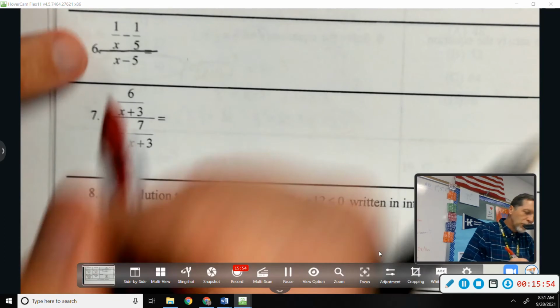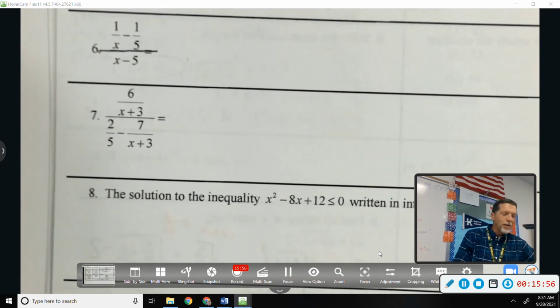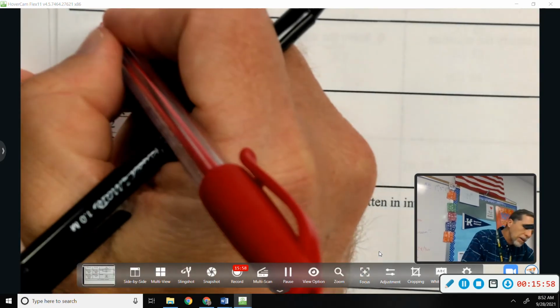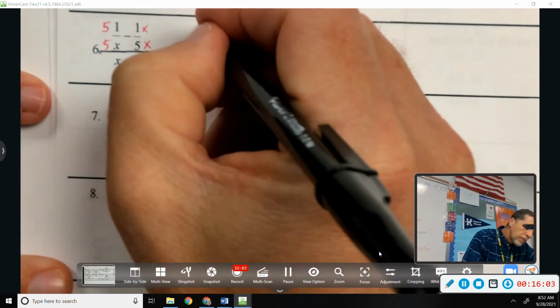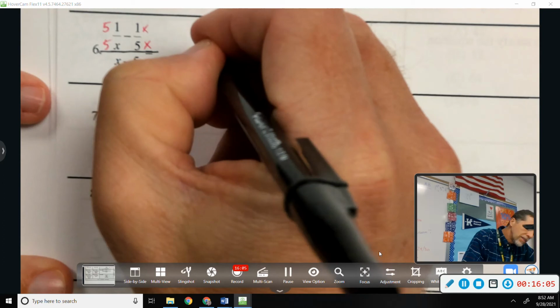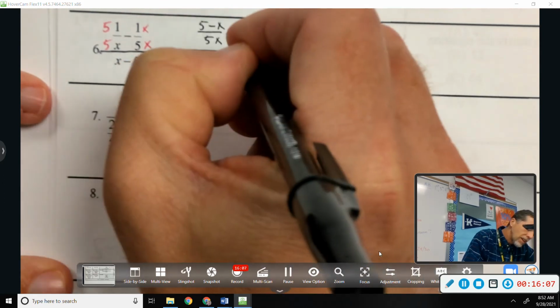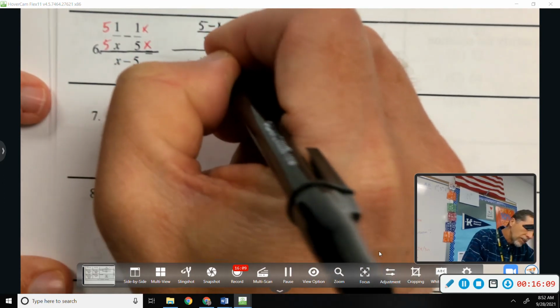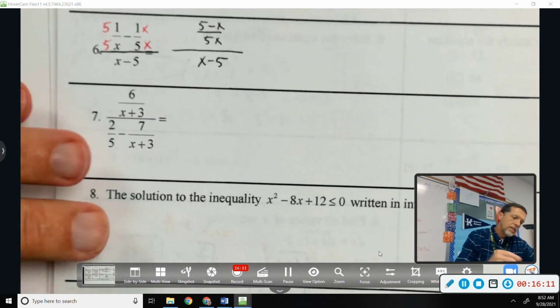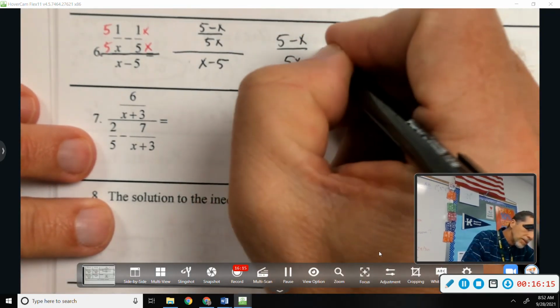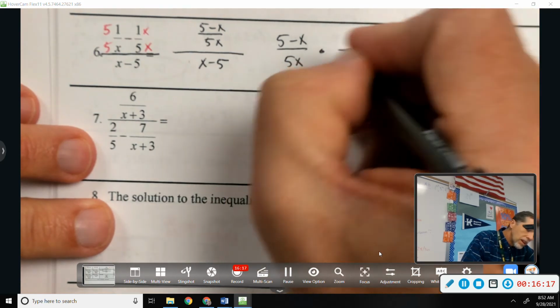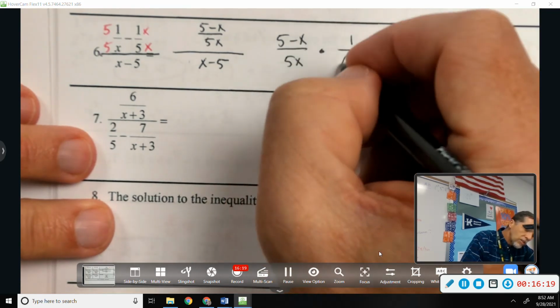Because there are multiple ways to do this. So when you said you remembered it from Algebra 2, you might have done it a different way. But if you fix the top and fix the bottom, so 5 minus x over 5x over x minus 5. Now I'm ready to keep it, change it, flip it. And I think I see where the potential problem is coming in. So keep it, change it, flip it.